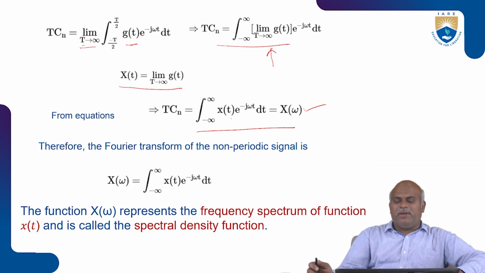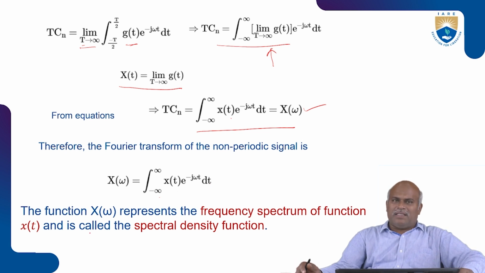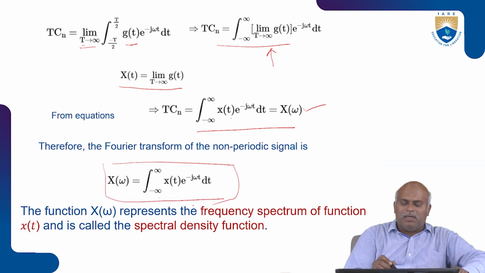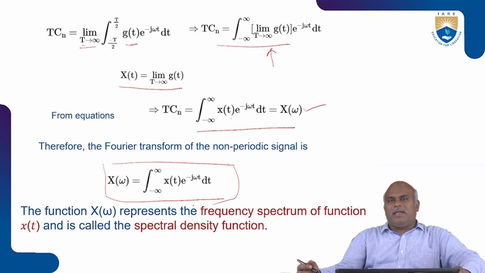Therefore, the Fourier transform of the non-periodic signal is X of omega equal to integration from minus infinity to plus infinity x of t e power minus j omega t dt. The function X of omega I represent as the frequency spectrum of x of t, and it is called the spectral density. So this equation we call the Fourier transform of a non-periodic signal.